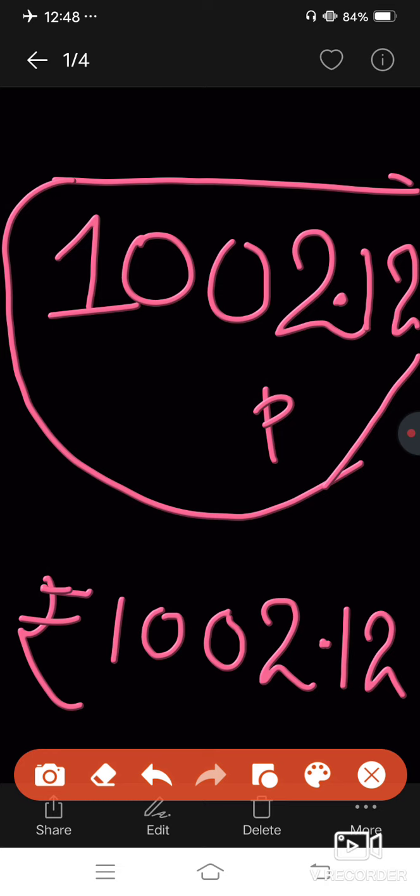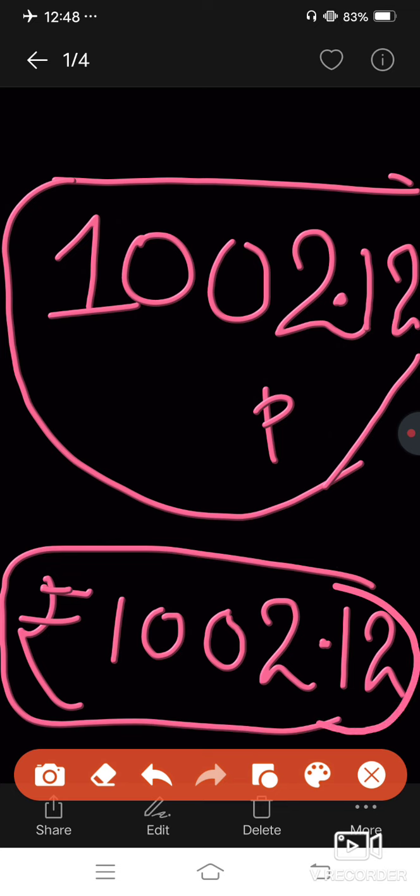Then what I did here, first we just count 2 numbers from the right side and put a dot over there. This is the conversion of paise into rupees.